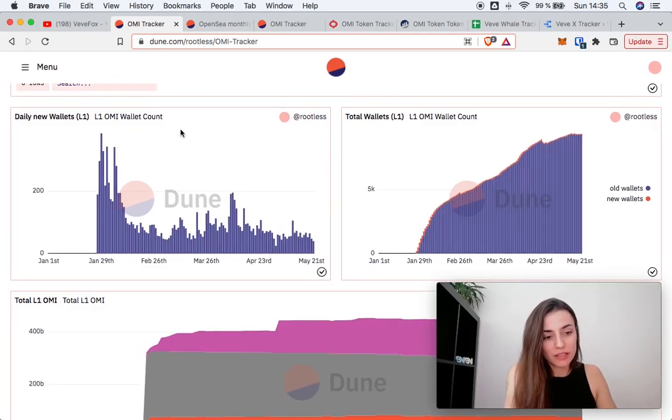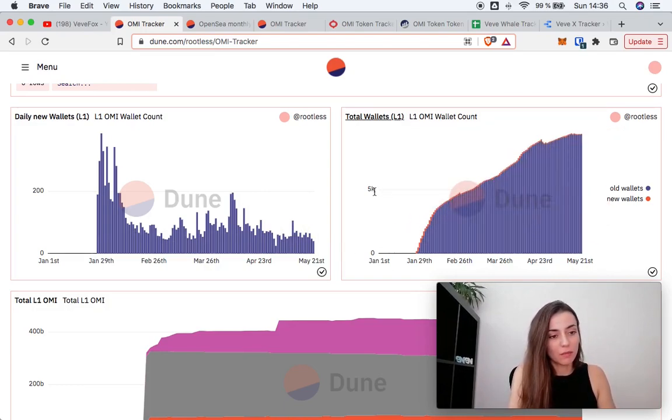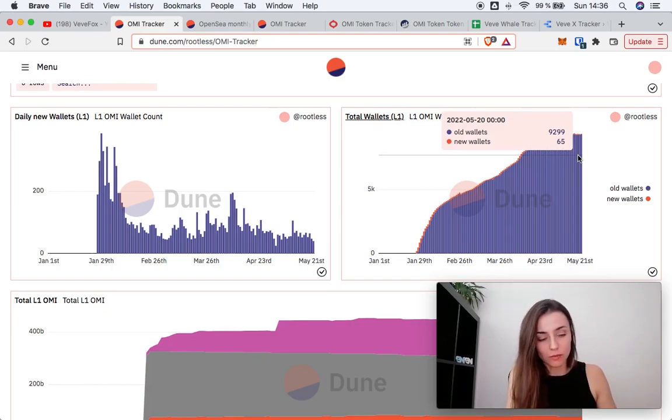Then here I just made two charts. This one is the daily new wallets that are created, and this chart here is the sum of all wallets on a daily basis, where the blue is old wallets and orange would be the newly created wallets.